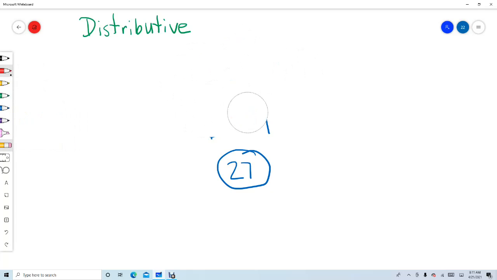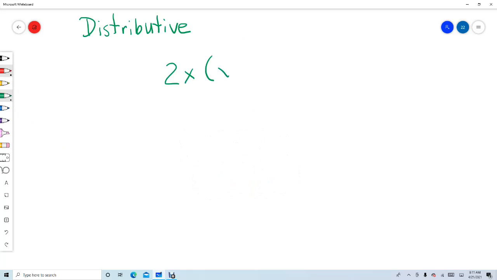In this lesson, no surprise, they're going to use variables now. So we're going to have something like 2x times x plus 3. So we have to remember our rules for multiplying variables with exponents. Okay, so I'm going to take my 2x and multiply it by x, and then I'm going to add that to 2x multiplied by 3.